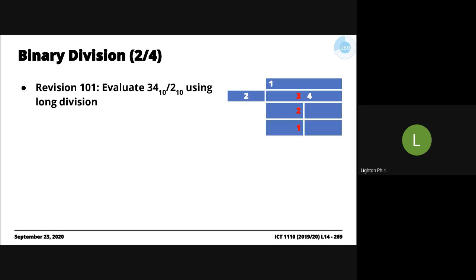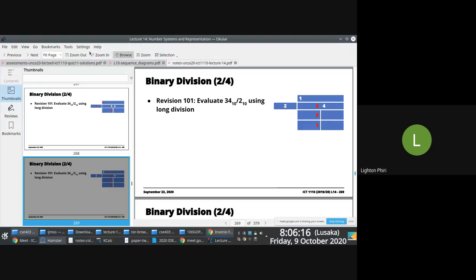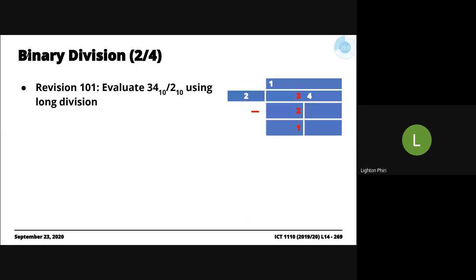Then you keep track of the number and drop down the 4, because 2 can go into 1 here. You have 14, you divide 14 by 2, you get 7, you multiply 7 by 2, you get 14, and then you subtract. You stop once you converge, and you converge once you get an answer of 0. And then you get an answer of 17. 2 times 17 obviously gives you 34.